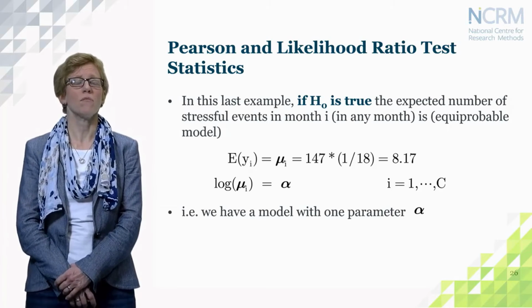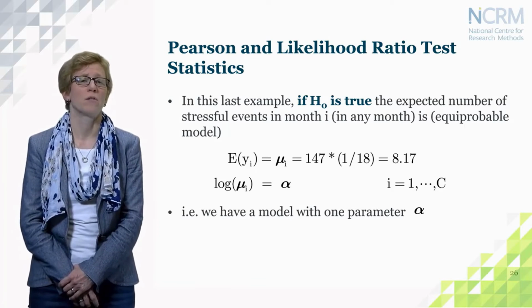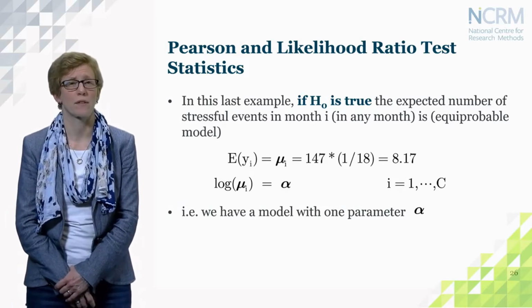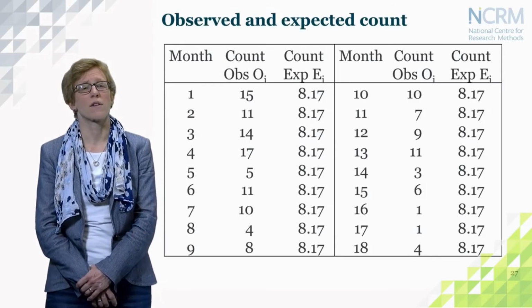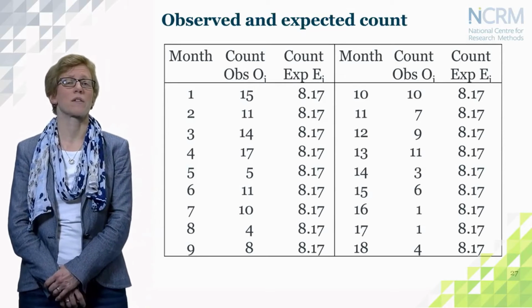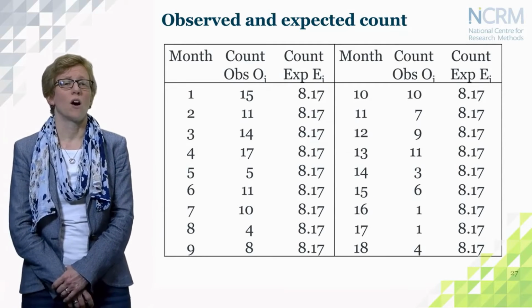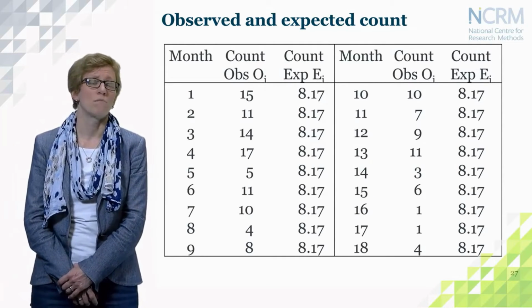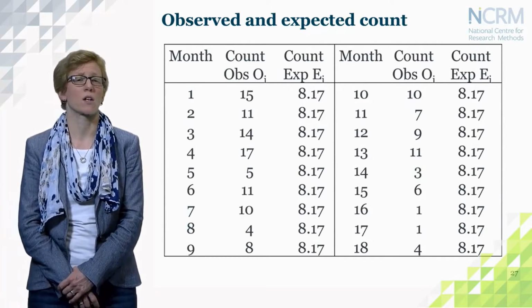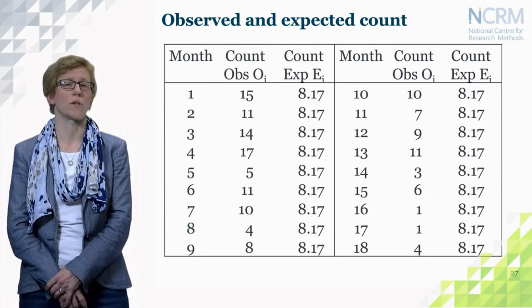So we have a one parameter model that we would like to estimate, and that would be just over 8 events per month. So we can compare the observed counts with the expected count per month, and we can see that obviously some counts are quite a bit higher than 8, and some counts per month are quite a bit lower than what we would expect.